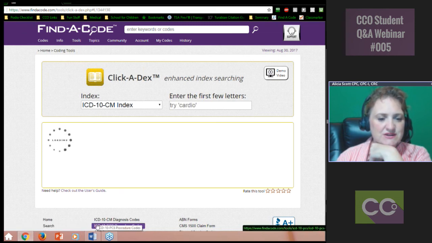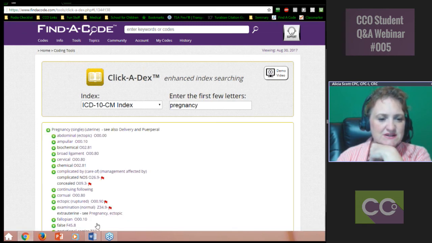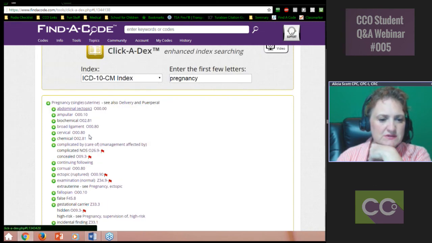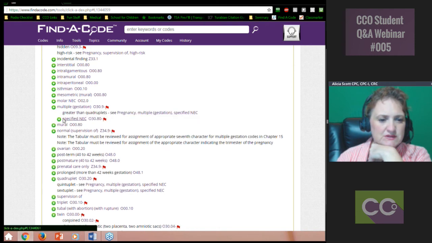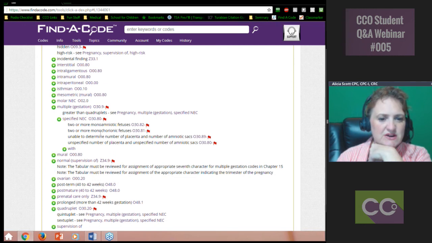It's not conjoined, but that's in there. And mono. Let's go down to mono. Molar. Multiple gestation, yes. Specified. There it is. 2 or more.